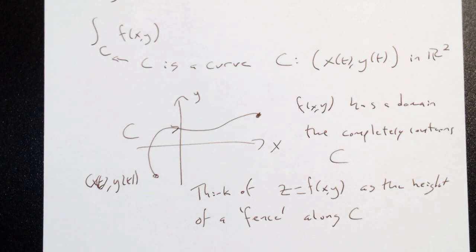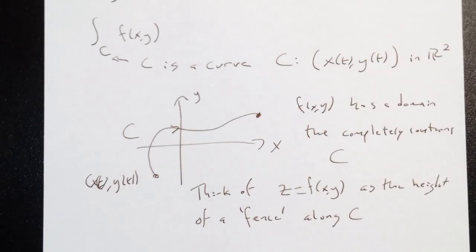A differential. If I was going in the x direction, then I'd use dx. If I was going in the y direction, I'd use dy. What direction am I going here? I'm going along my curve.